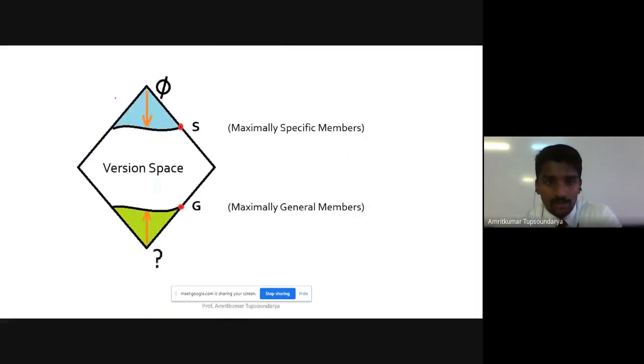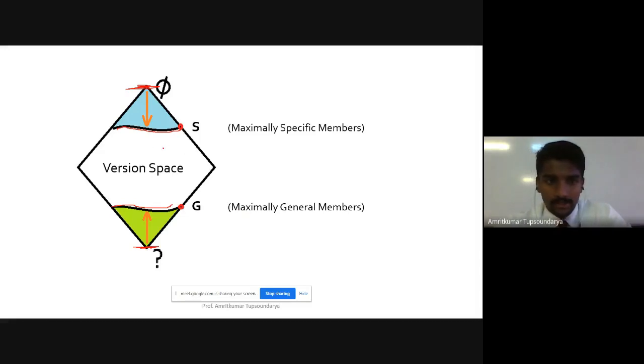So we understood the version space in more detail with respect to this diagram. We defined something called most specific and most general, and in between we have some maximally specific members, by defining this boundary. We define this boundary, right? The specific boundary and the general boundary.